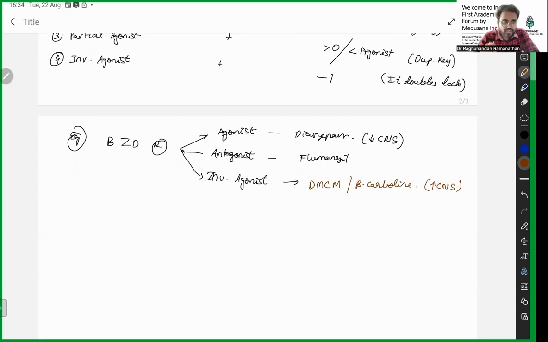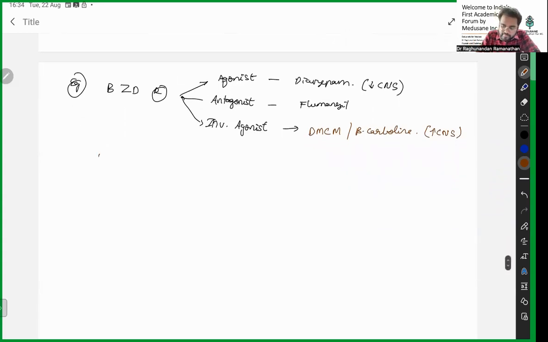Next. Now, in the 4 mechanisms, agonist, antagonist, partial agonist, inverse agonist, we are going to plot all four in a flow chart. So this is going to denote the activity and this is going to denote the drug concentration.